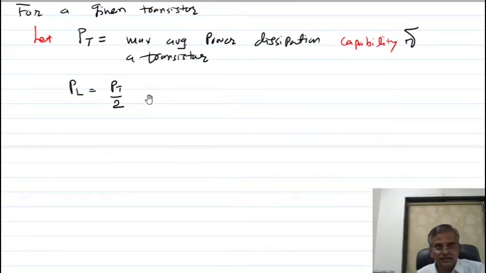See, PT and PD max are different. PT is given by the transistor manufacturer. PD max is in your hand. It is nothing but VCC into ICQ when the AC input is not given.